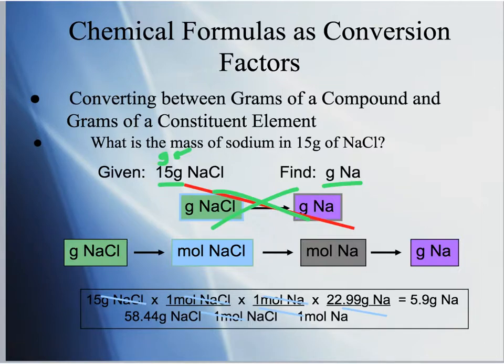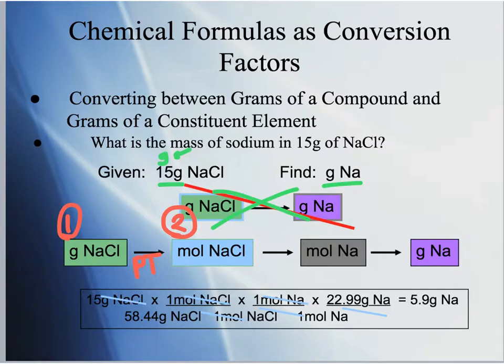So what we're going to do here instead is we are going to start with what we're given. That's our 15 grams of NaCl. And then, because we can't go directly from grams of NaCl to grams of sodium, we're going to turn it to moles of NaCl first. And we can use our periodic table to do that. Once we are in moles of NaCl, then we can use our conversion factor that we just learned about with figuring out how many moles of an element are in a particular number of moles of a compound.